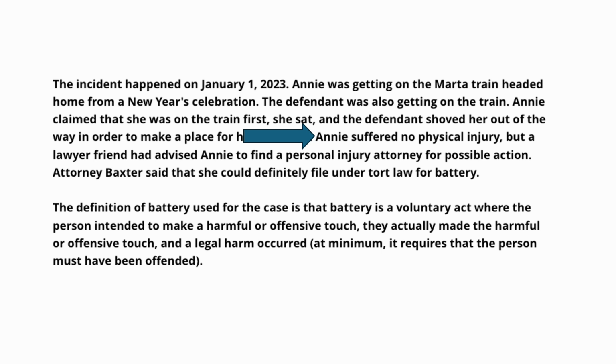Okay. Now in that next area, we want to talk about the injury itself. And in that particular case, we don't want to put that she didn't suffer a physical injury, because that doesn't matter. I tell you down at the bottom that at minimum, it just requires that the person had to have been offended. And you can't tell me that Annie would not have been offended by this stranger entering the train and walking up to her and shoving her.